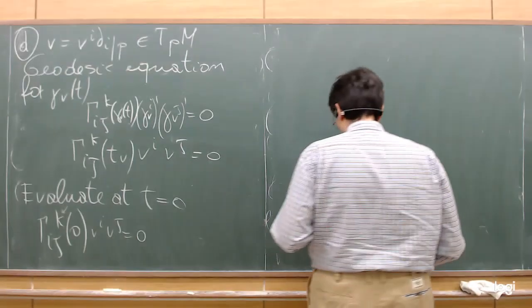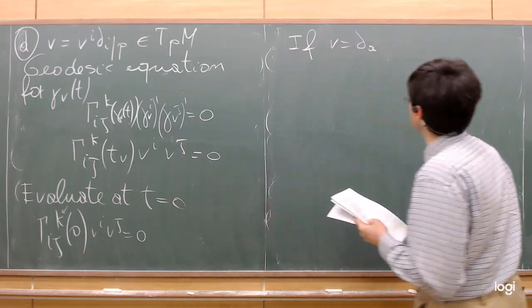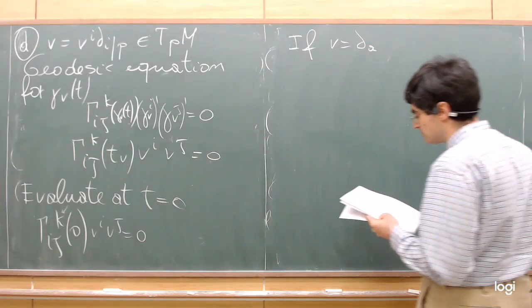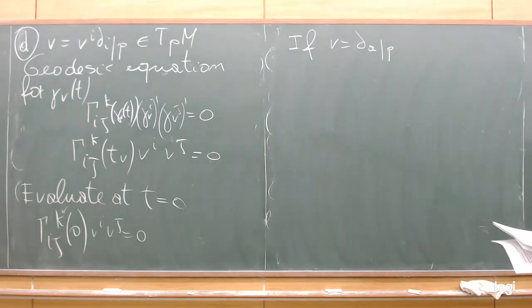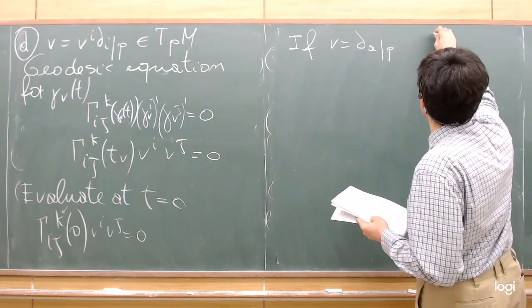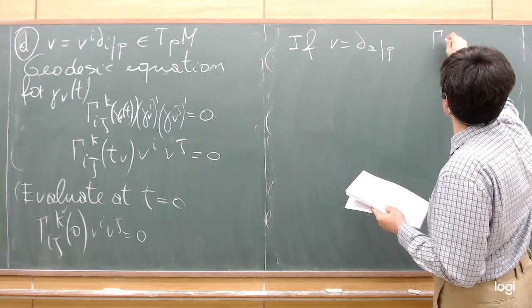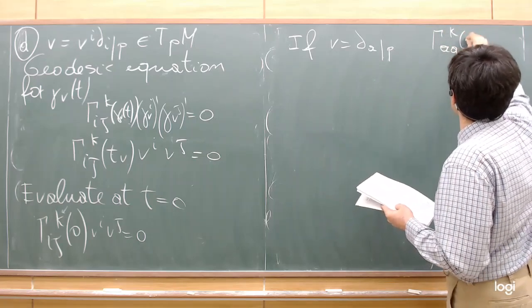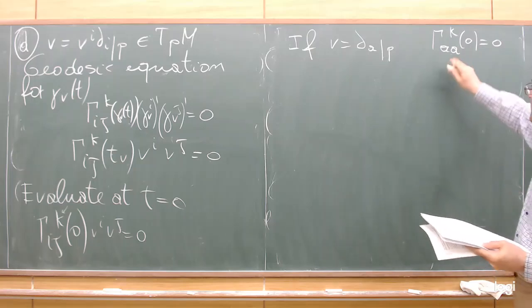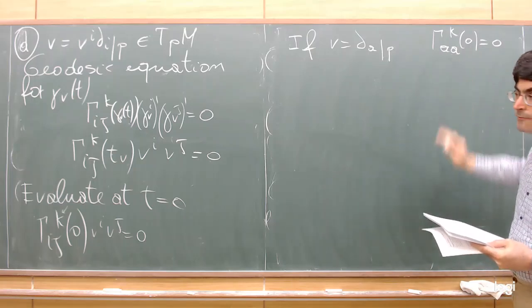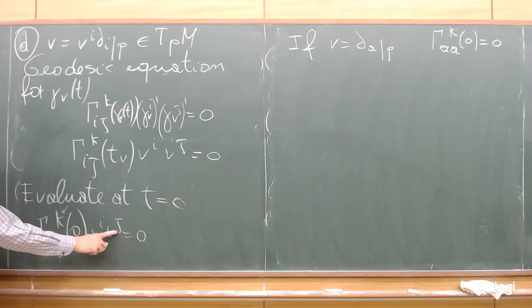So if v is d_a, then you get that Gamma^a_ak at 0 is 0. Here I'm not using the Einstein convention. What I did here is just taking i and j equal to a.